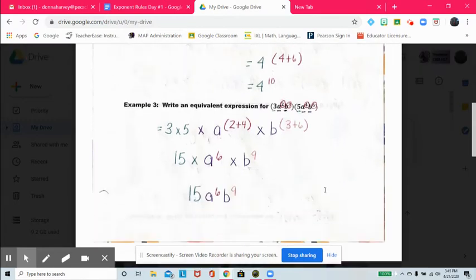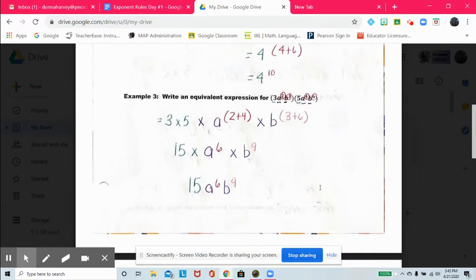All right, then they're going to get a little bit harder. This one has 3a squared b to the 3rd times 5a to the 4th b to the 6th. But the rule is exactly the same. 3 times 5 don't have exponents, so we can just do that normally: 3 times 5 is 15. And you take them piece by piece.